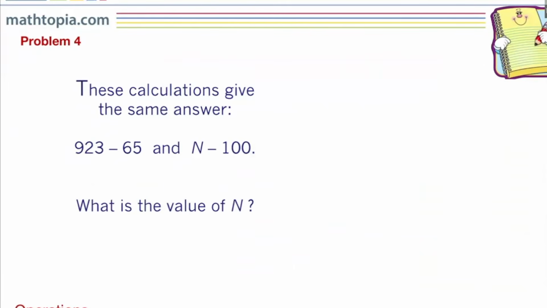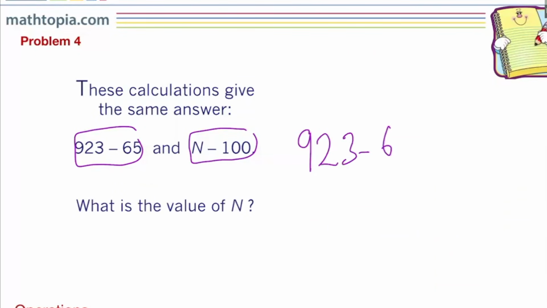To boost your operation ideas and concepts, in this case subtraction is what we are focusing on. Now, do you see 923 minus 65? And I'm asking another one: n minus 100. I'm saying that this calculation gives the same answer. What do I mean by the same answer? 923 minus 65 equals n minus 100.